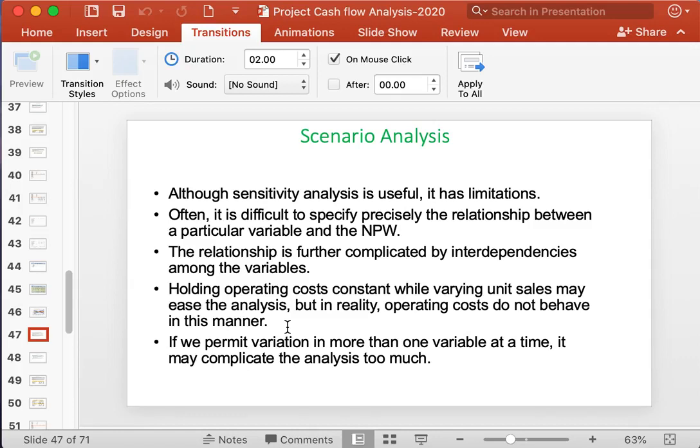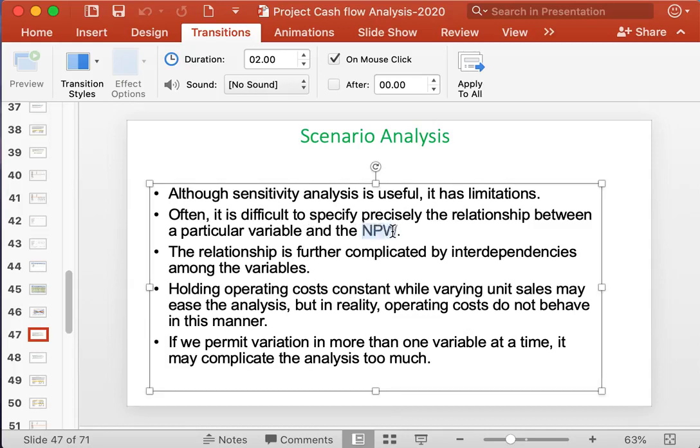Before we go into the scenario analysis, let us see the limitations of sensitivity analysis. The limitation of sensitivity analysis is that it is difficult to specify the relationship between a particular variable and net present worth.